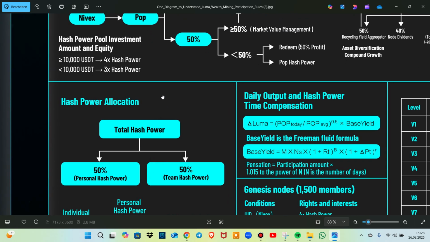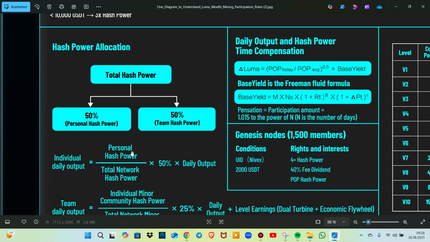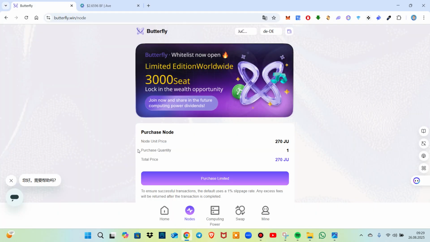So if I scroll down below, you'll see that 50% of the hash power will go to the personal hash power. So this is your passive income that you can earn here, and 50% will go into the team hash power, right? So obviously you can earn from the team build here. And there's a similar protocol called Butterfly, and I will show it to you right quick.